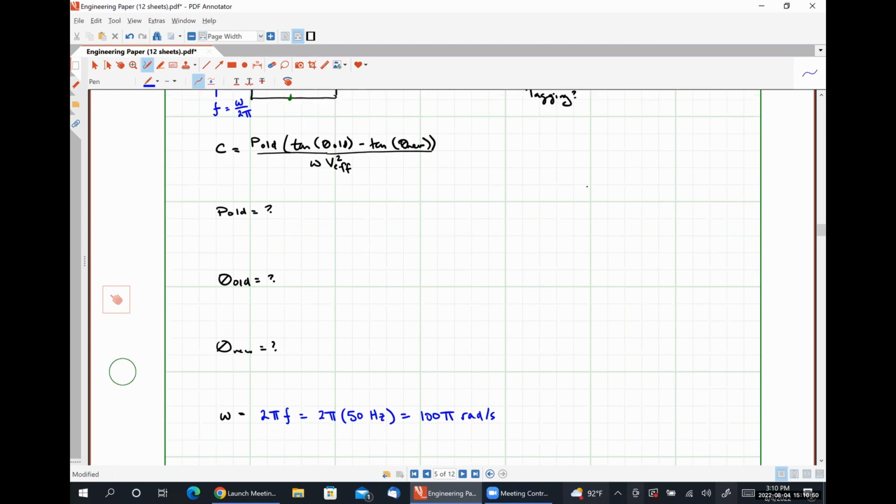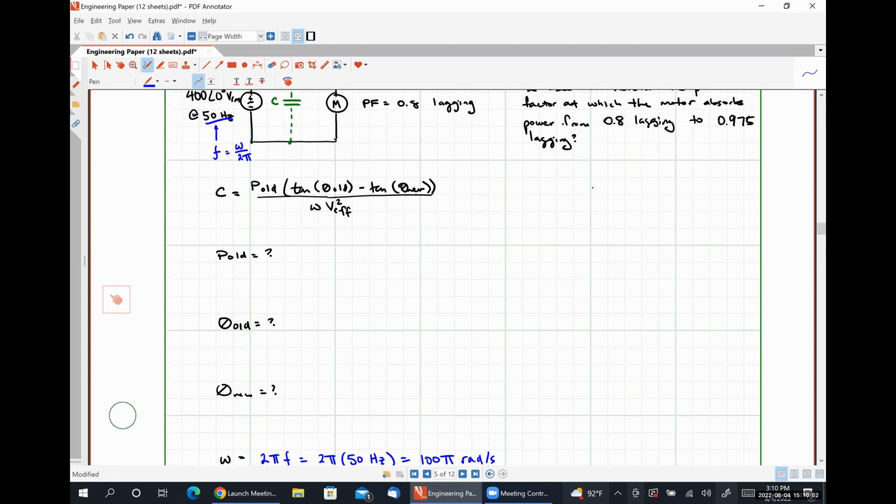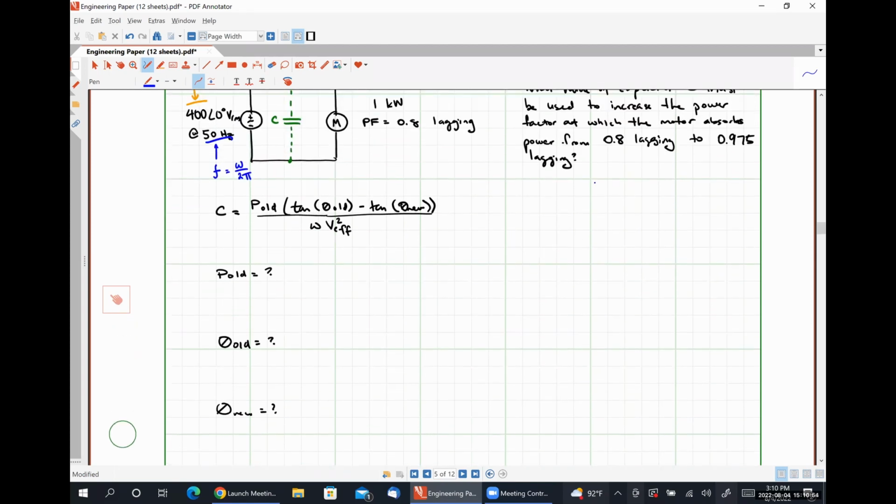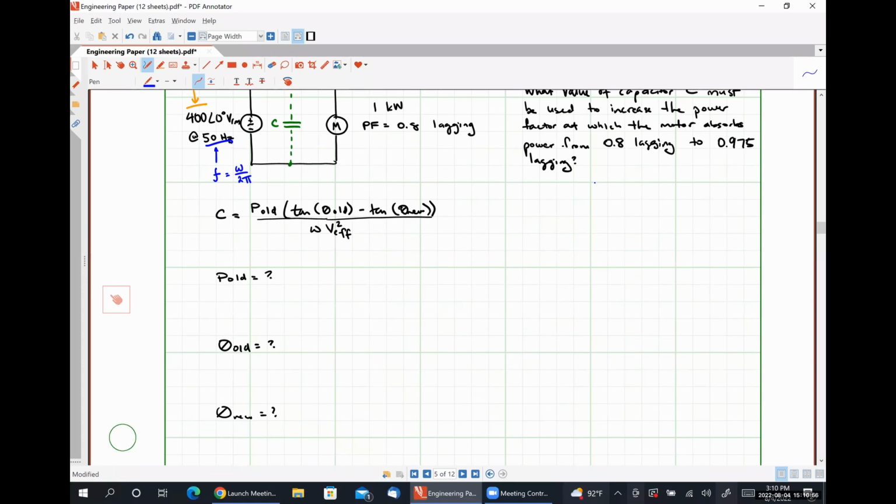Now let's get into some slightly more difficult things. Well, theta old is the angle of our complex power prior to power factor correction. It is related to the power factor before we do our power factor correction.